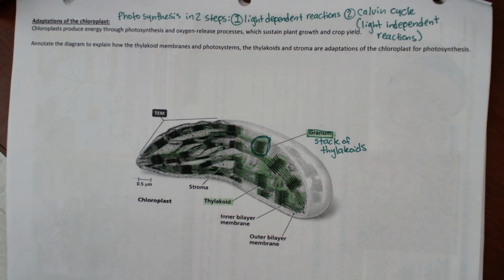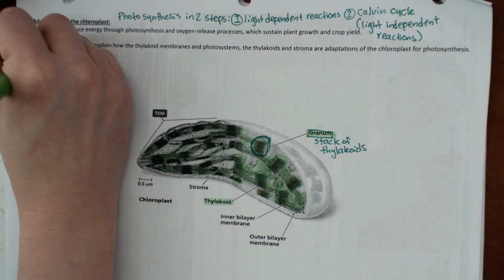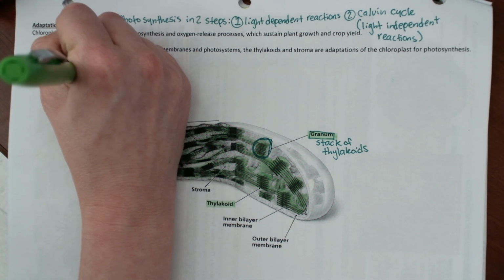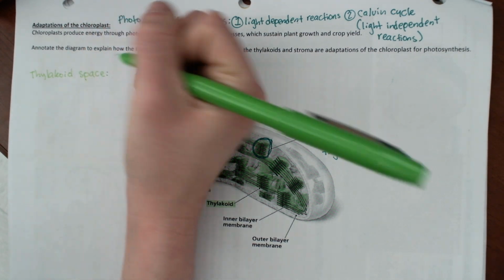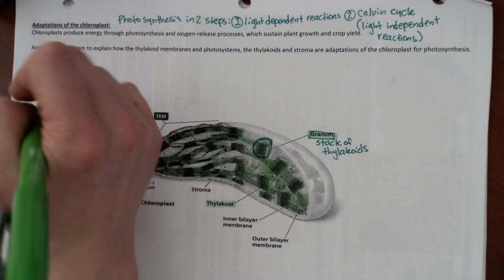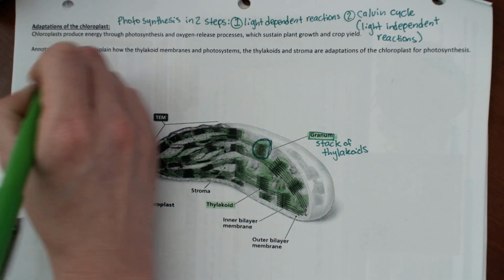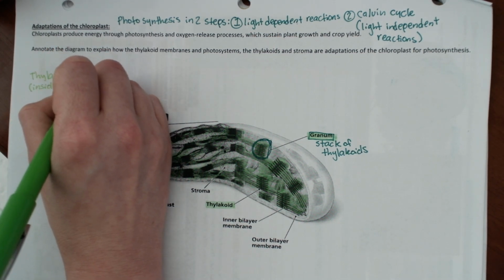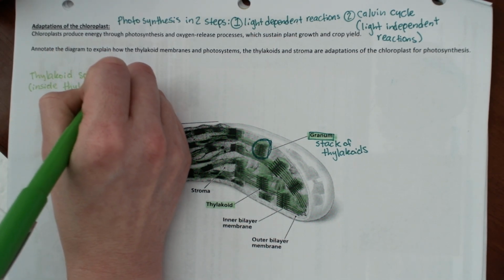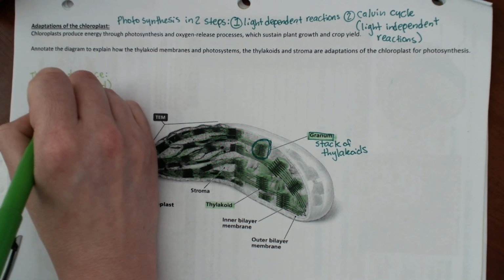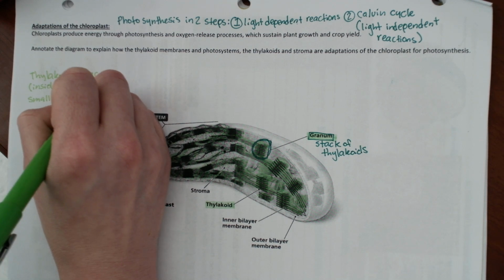So your thylakoids have two different things that help it out. It has your thylakoid space, which is like the inside of a thylakoid. And it's a small, restricted space.